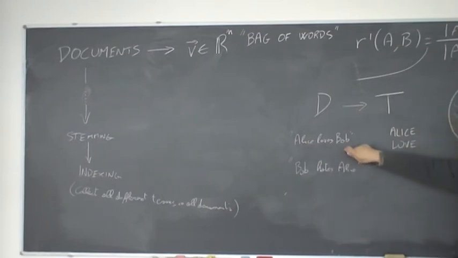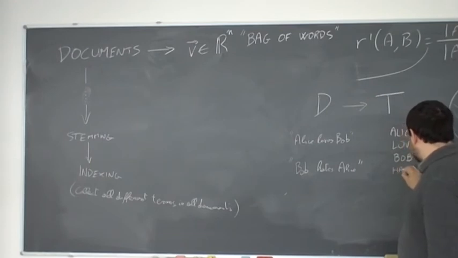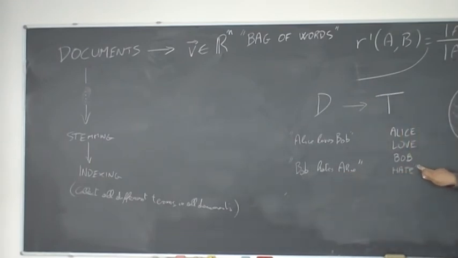Okay, so we just examine all terms in all documents. Alice, love, Bob. Bob is already present. Hate. And Alice is already present. So the overall set of terms used in all our documents is this.